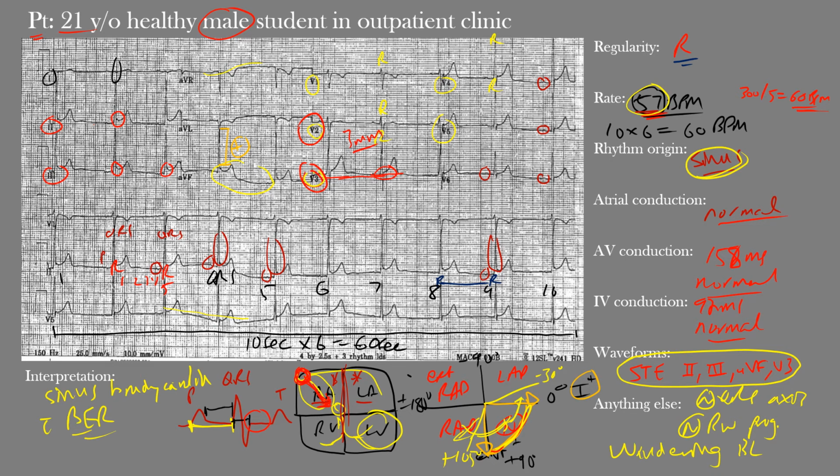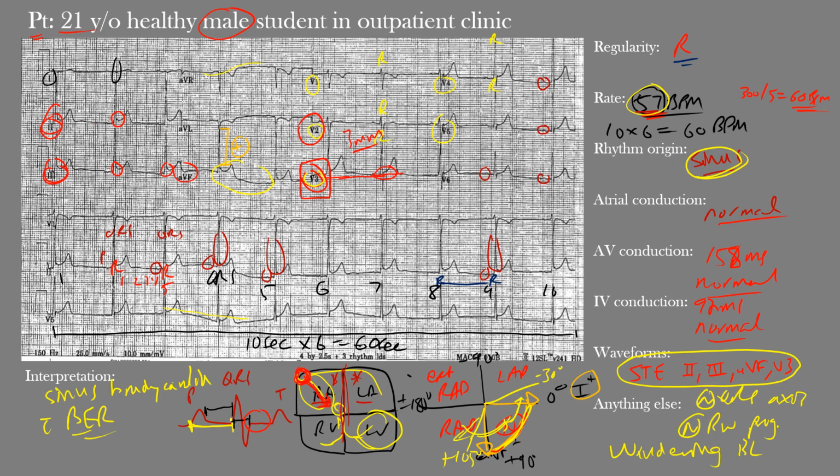We saw it here in V3, not so much in V2. Now, rarely does it exceed 0.1 millivolts or 1 millimeter in leads V5 or V6 or the limb leads. If it is present in the limb leads, which we saw in these inferior leads, it will most often be seen in these leads. And these same leads are the ones that we saw that notching in.